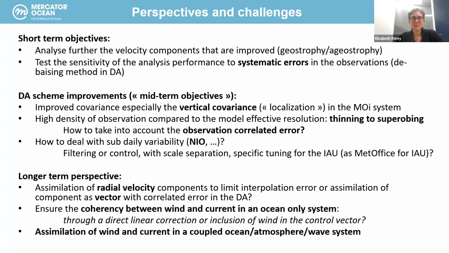So there was this hypothesis of a very strong influence of really the Ekman velocities in the way the river plumes are drifting in the ocean. And when we did some assimilation experiments and also looked at the differences in our system, we found those regions. So yeah, maybe not so surprising.